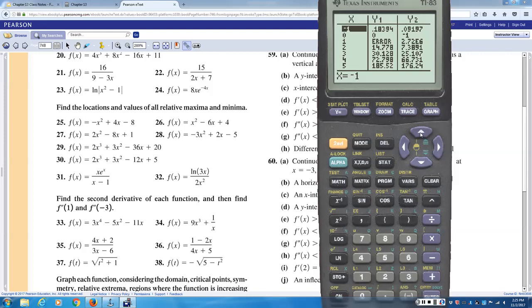No. The function itself has a 0. The derivative doesn't have one. It never actually reaches 0.